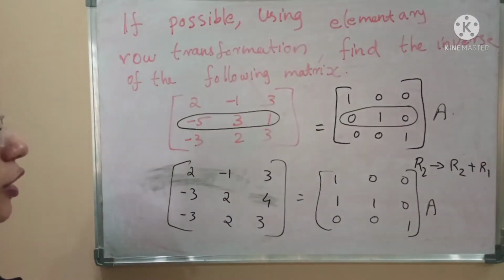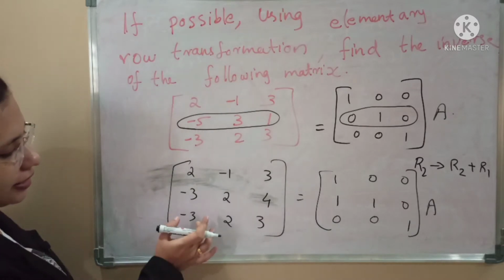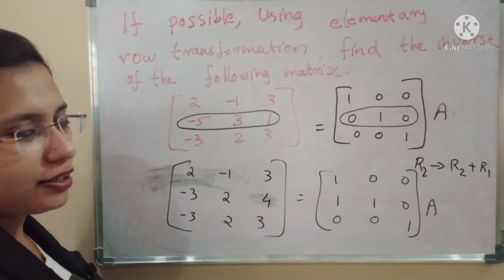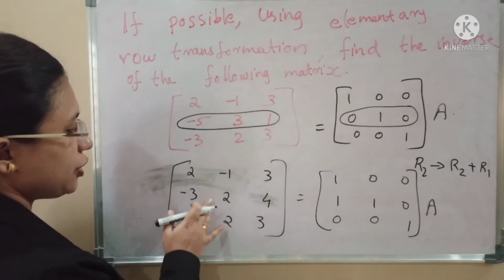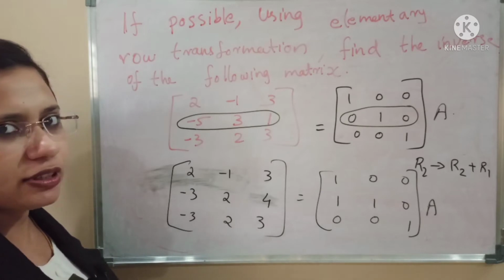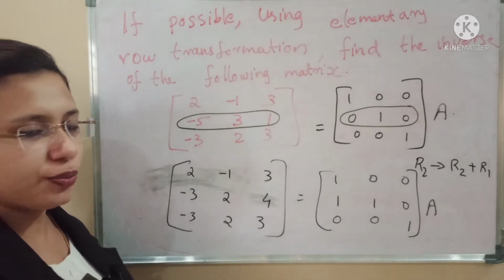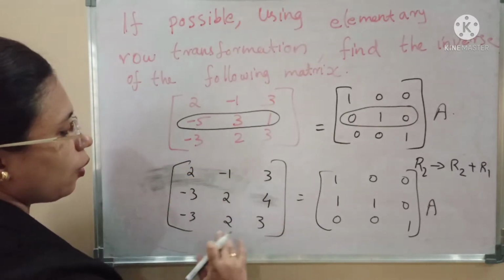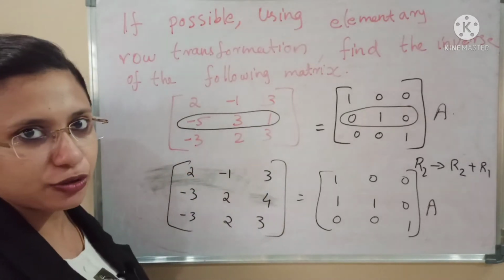Now here we can see these two rows are somewhat similar, right? So if we do some operation here, we'll get the sum of the terms as 0. Our ultimate aim is to make this whole matrix the identity matrix.